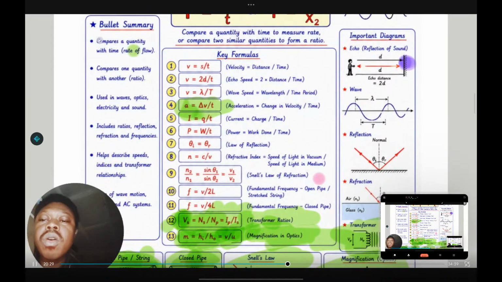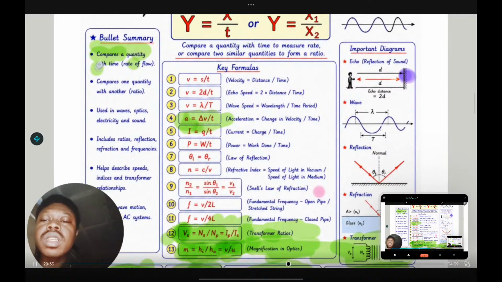So recall that this structure compares a quantity with time, the rate of flow. Then structure number 2 also compares one quantity with another, ratio. Then this structure is being used in waves and optics and electricity, even in sound waves. Then this structure number 2 includes ratios, reflection, refraction, and frequency.